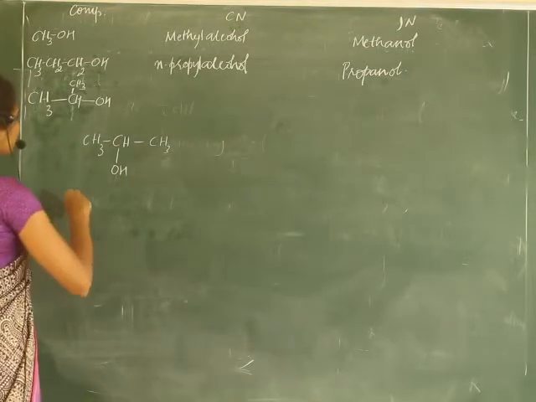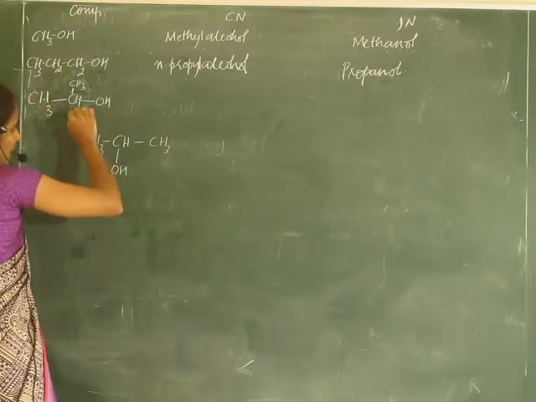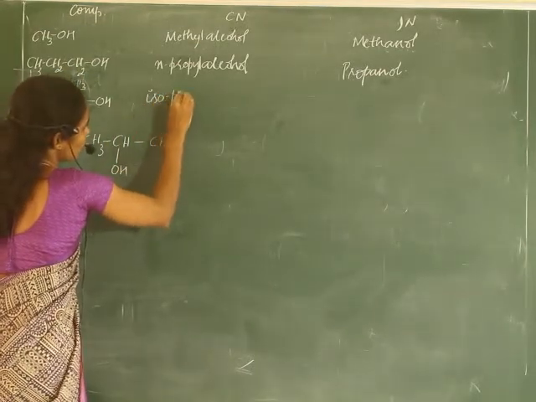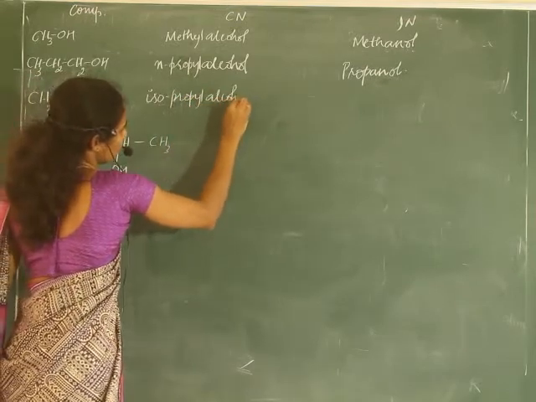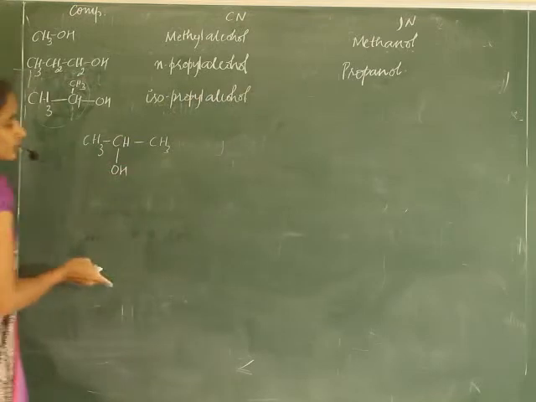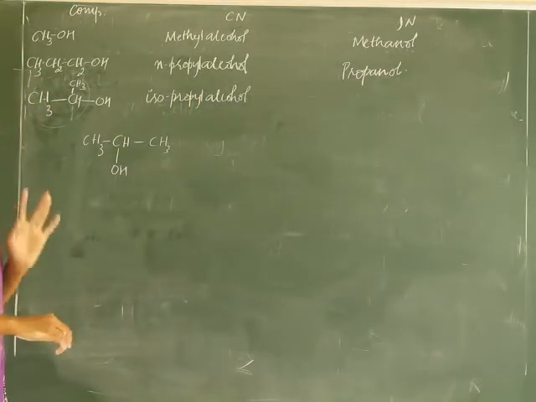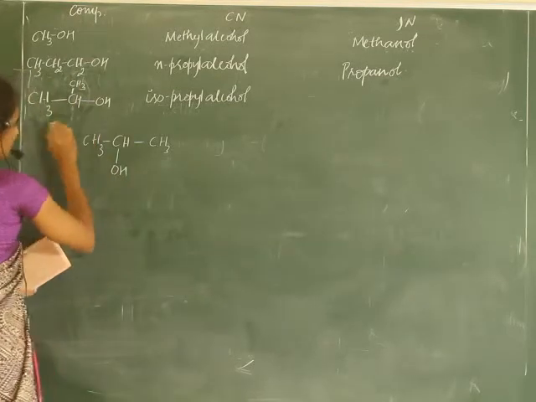This, as we know, is iso. An isopropyl group is there. Hence, it is isopropyl alcohol. If nomenclature from the previous lesson is clear for you, then it will become very, very easy, right? n-propyl alcohol, propyl group is there.